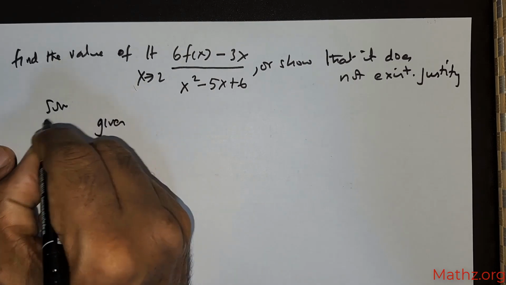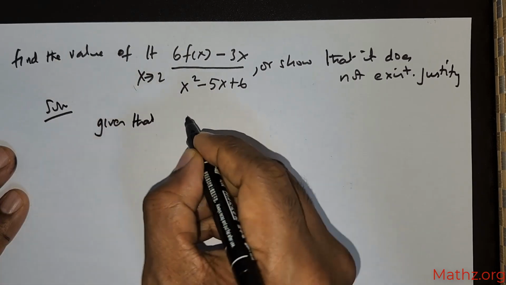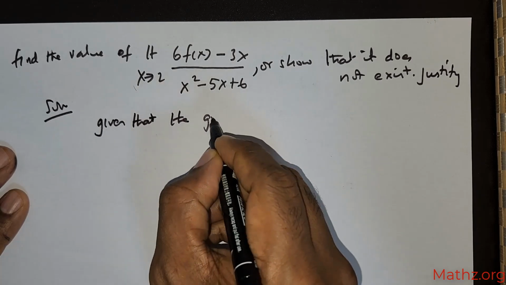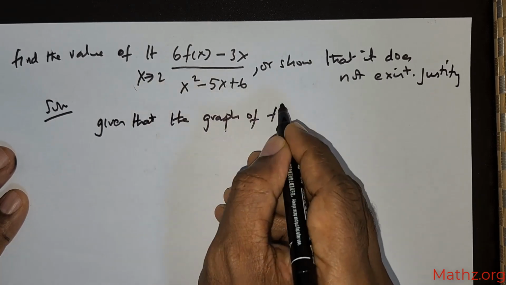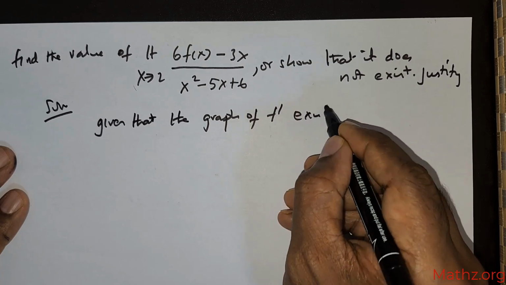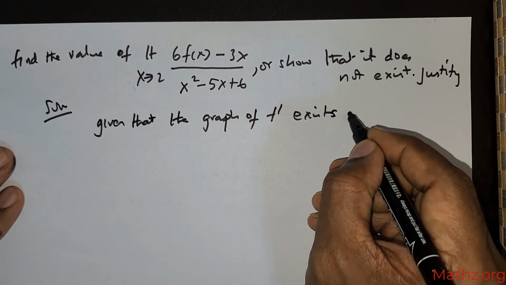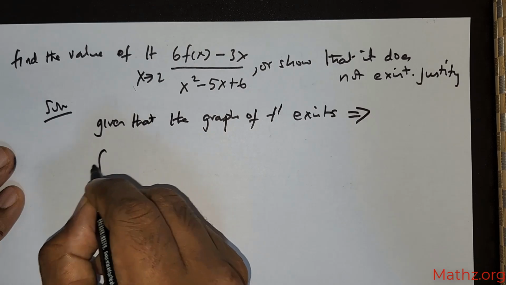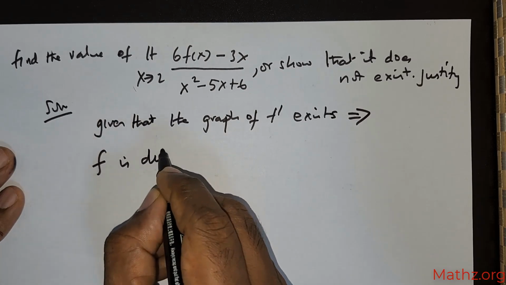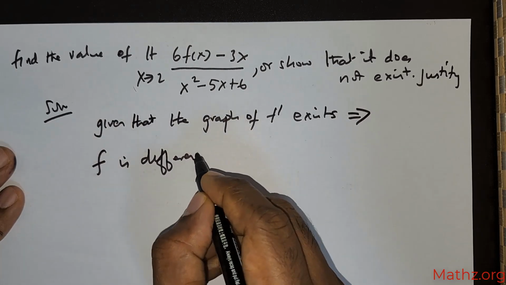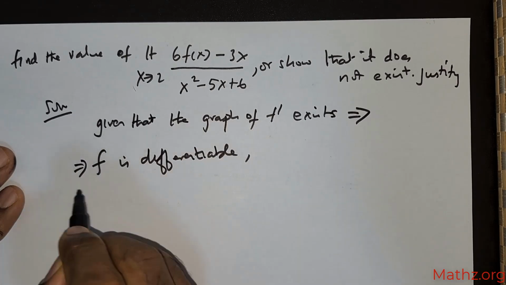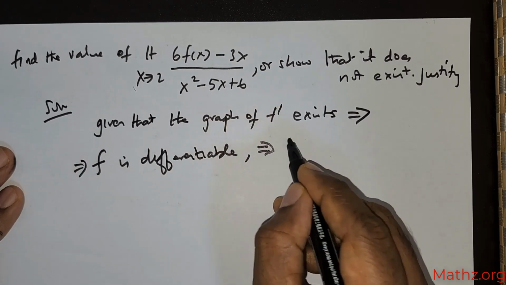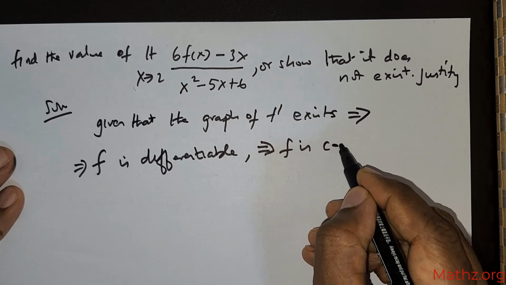So this is a solution. Given that the graph of f dash exists, this means f is differentiable. When f is differentiable, this means f is continuous.